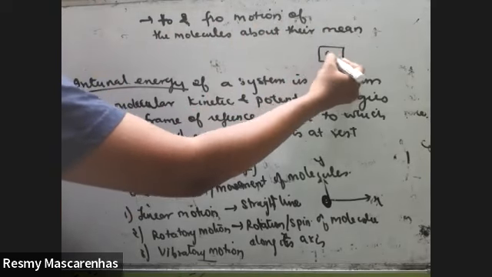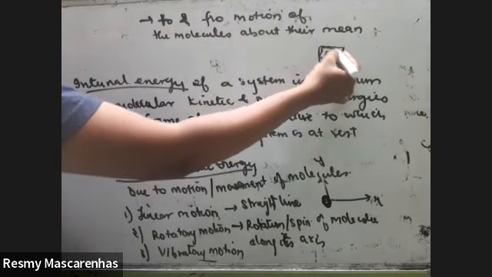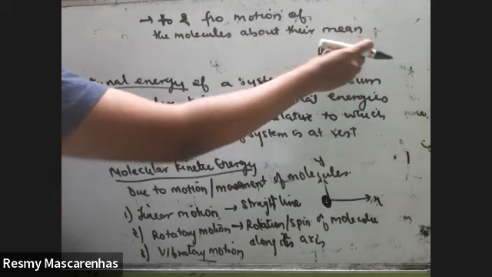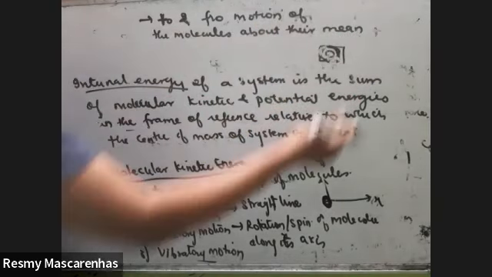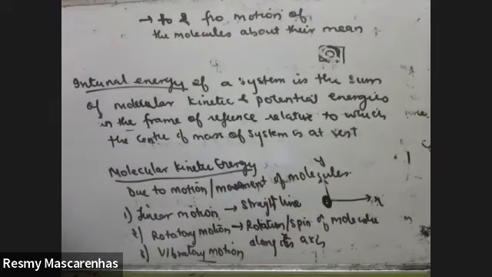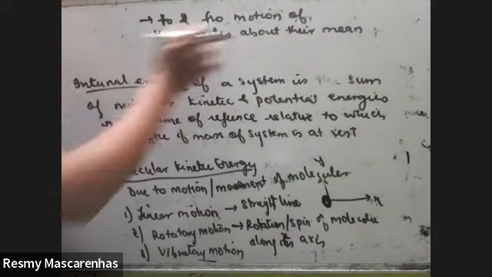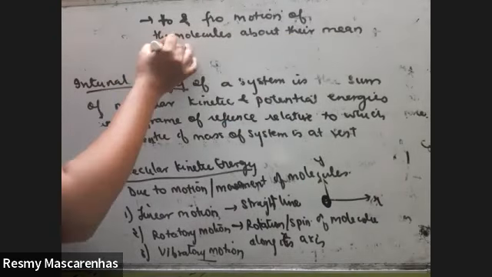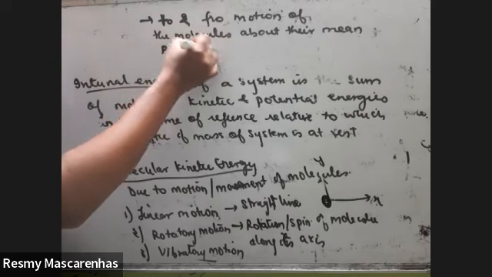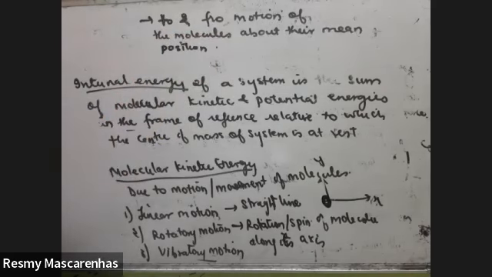Like there's a molecule, it can vibrate only among this distance. It will go, come back, go only within the certain distance. It will not go from here to here. So these are the three ways a molecule could move.